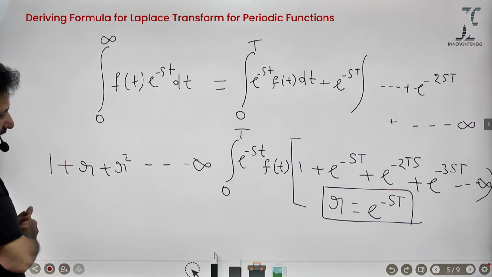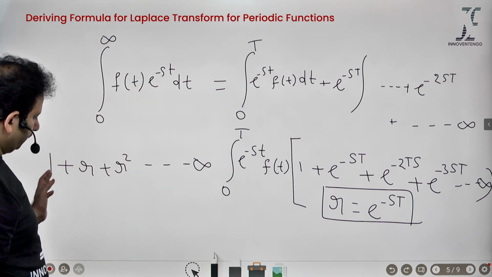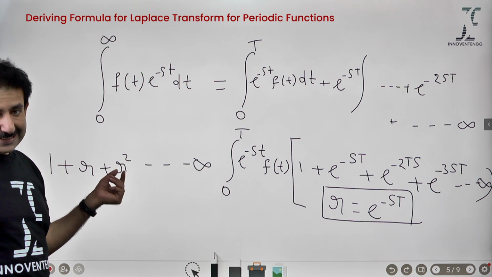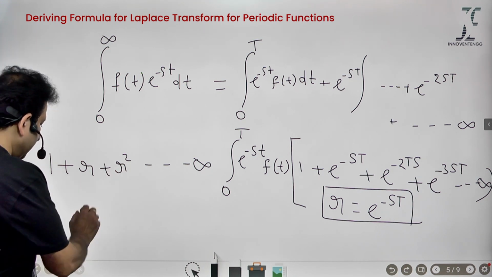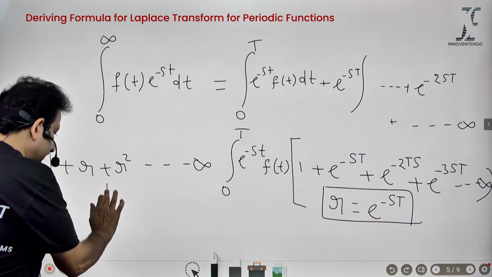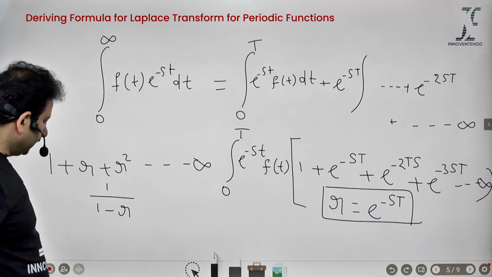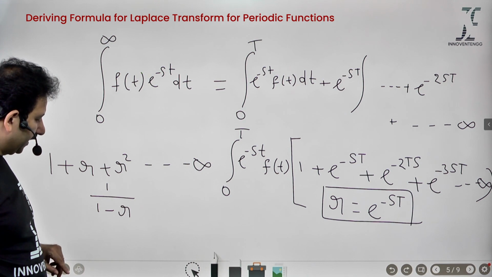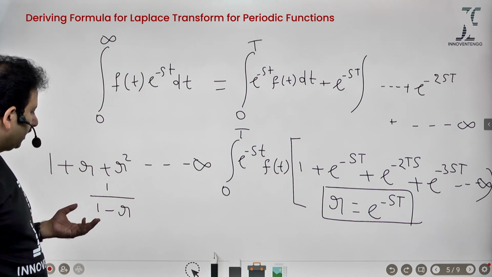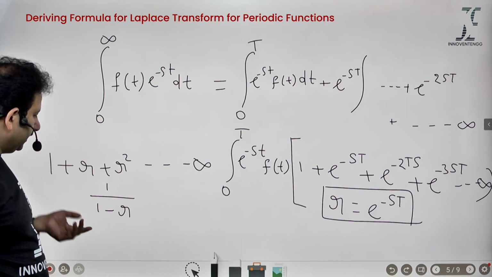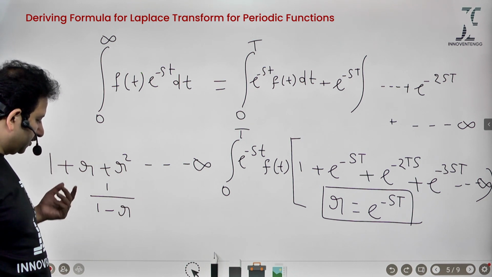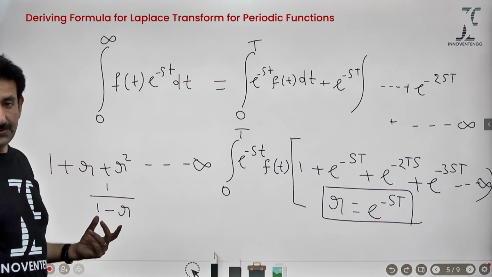So for an infinite geometric progression whose r is less than 1, the sum is given by the initial term divided by 1 minus common ratio. Initial term 1, minus common ratio. Of course, when n tends to infinity, the standard sum formula for geometric progression reduces to this.